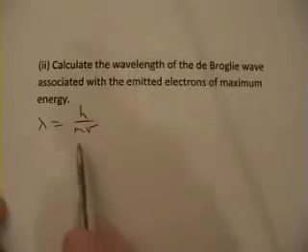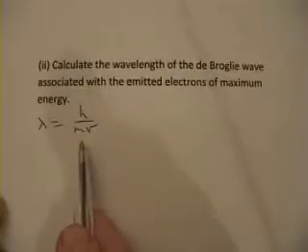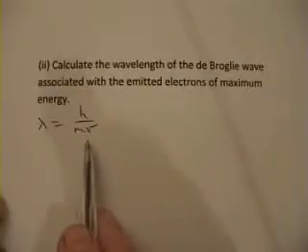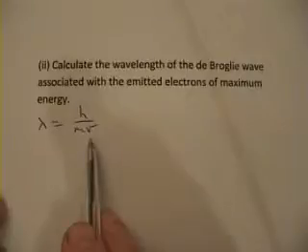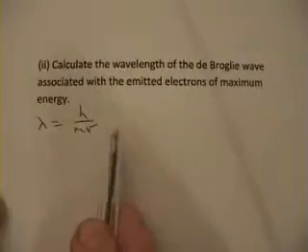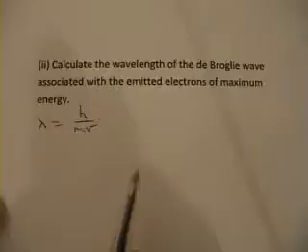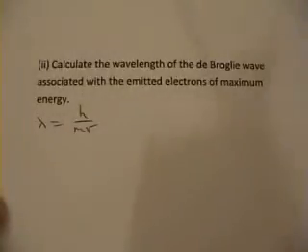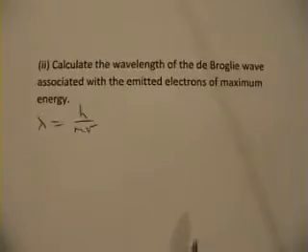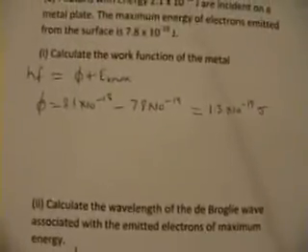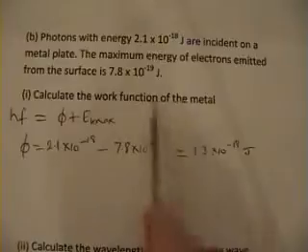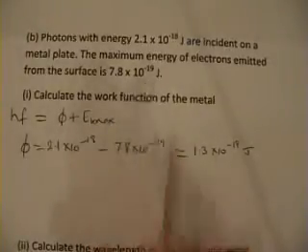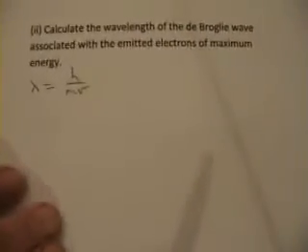Do we know the mass of an electron? Well, we do, because we can look it up in the data book. Do we know the speed of these electrons? We don't. We're not told the speed, but we do know their kinetic energy, because the kinetic energy of these electrons was given earlier in the question: 7.8 times 10 to the minus 19 joules.